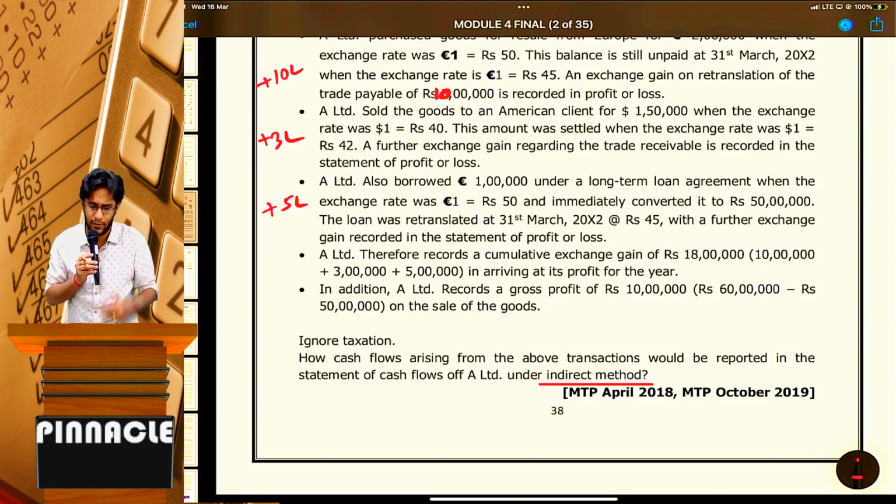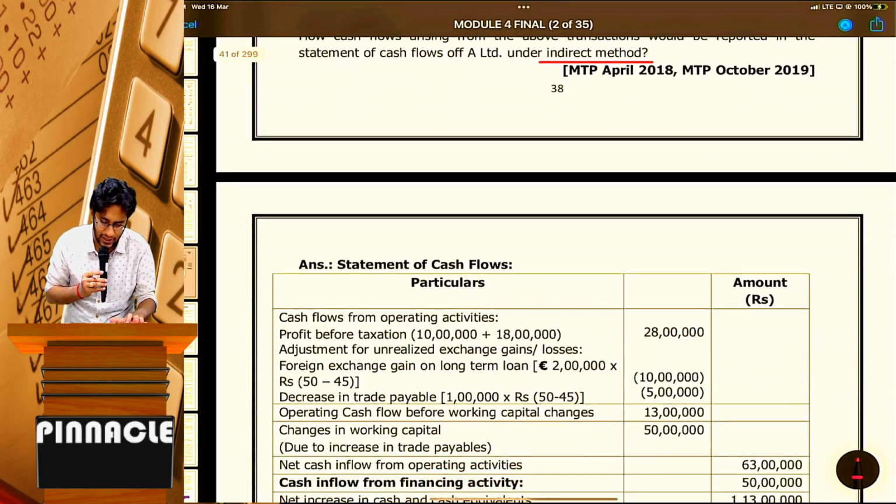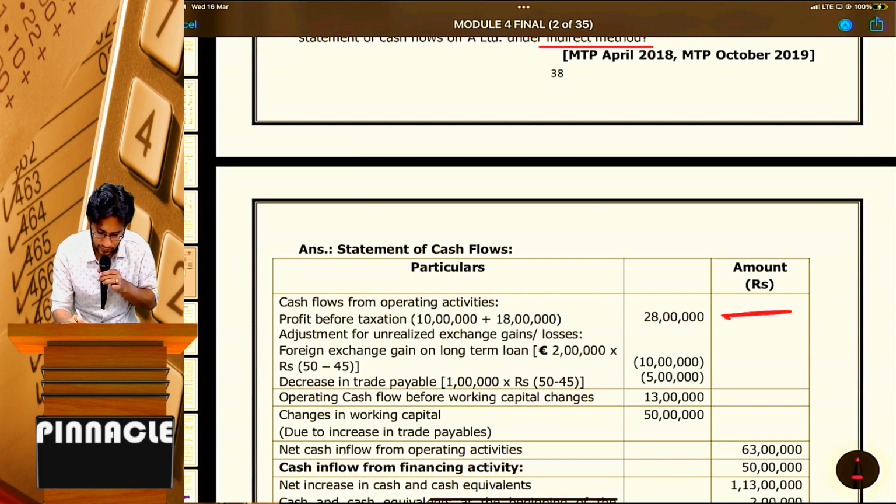Gross profit and the P&L items, you add them now, first add and later on we'll remove them. So how much is GP? 10 lakhs. In the P&L, how much is the exchange gain? Overall you booked 18. 10 and 18, total 28 lakhs. 28 lakhs will be your starting point.